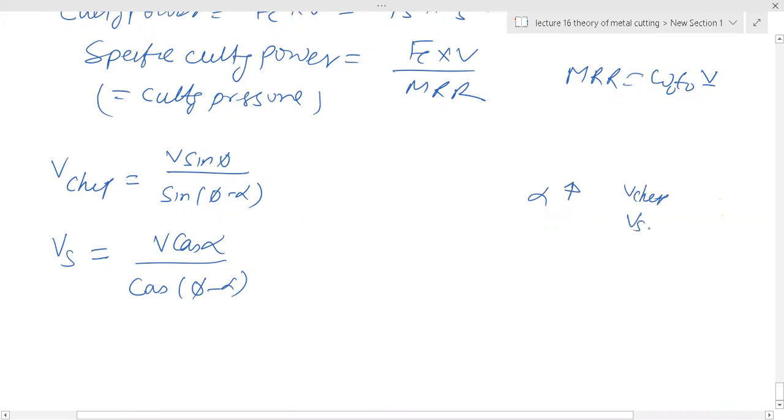What happens to the shear velocity? What happens to the cutting energy? What happens to the metal removal rate? A lot of information is there. Everybody got this? Everybody understood? Please note down everything.